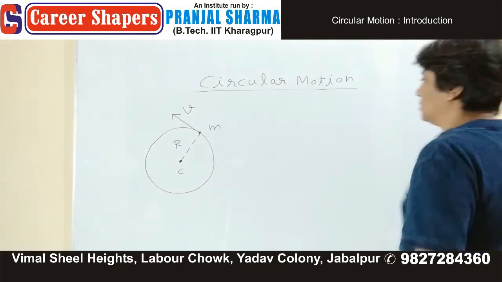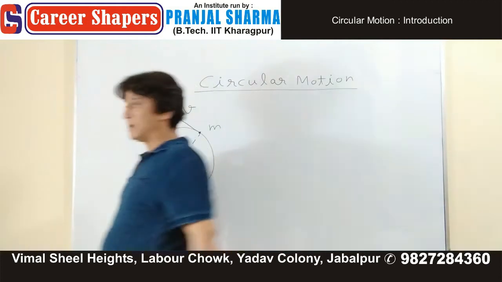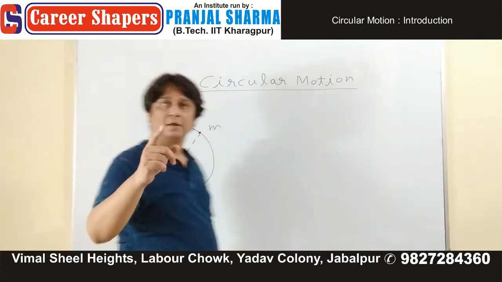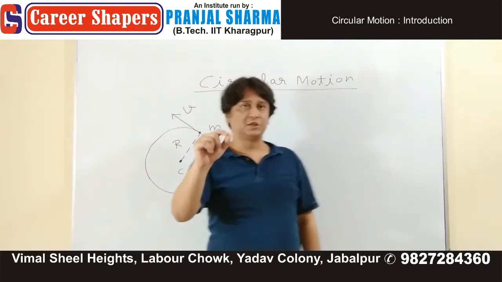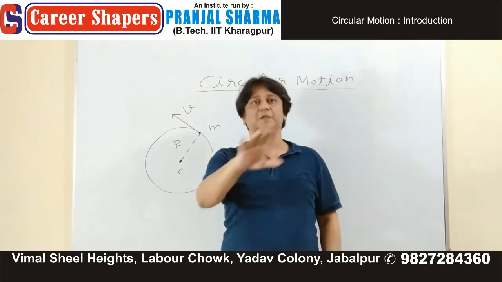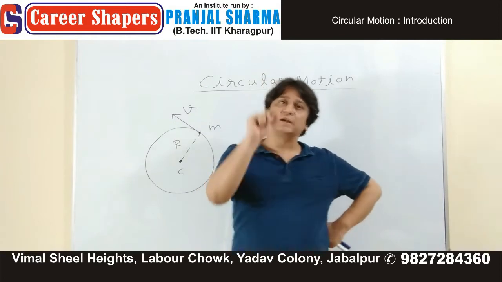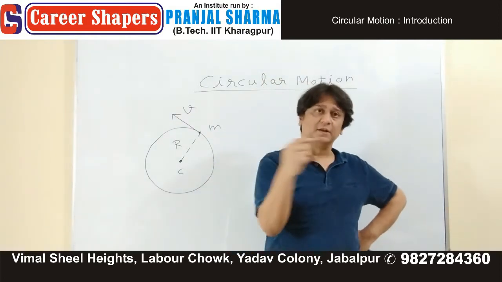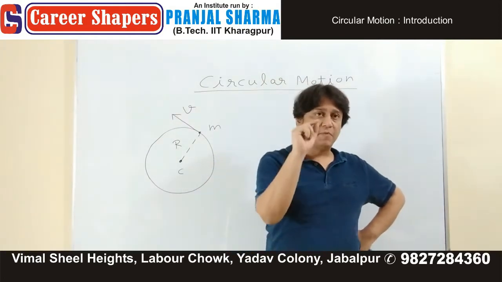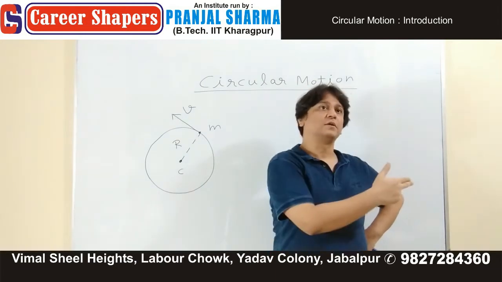The path is, it's not circular, remember. Why? Because its distance from a fixed point is not same. Somebody can think that its distance from the axle is same, but that axle itself is moving.